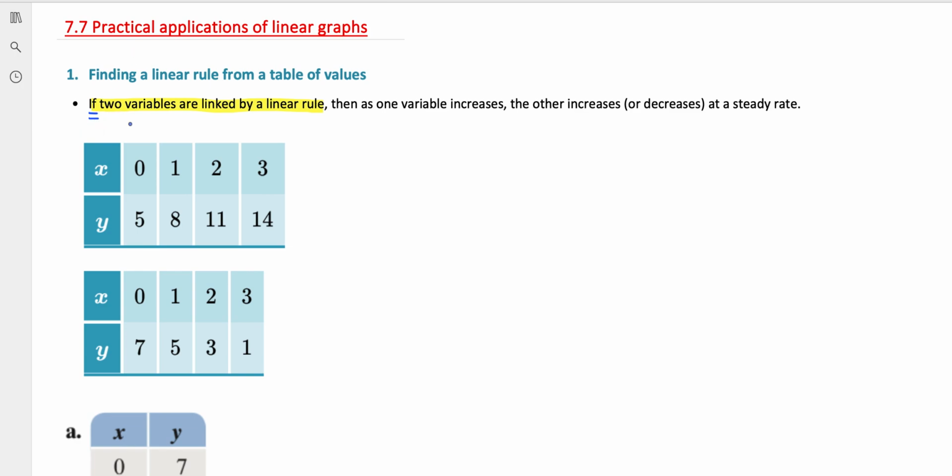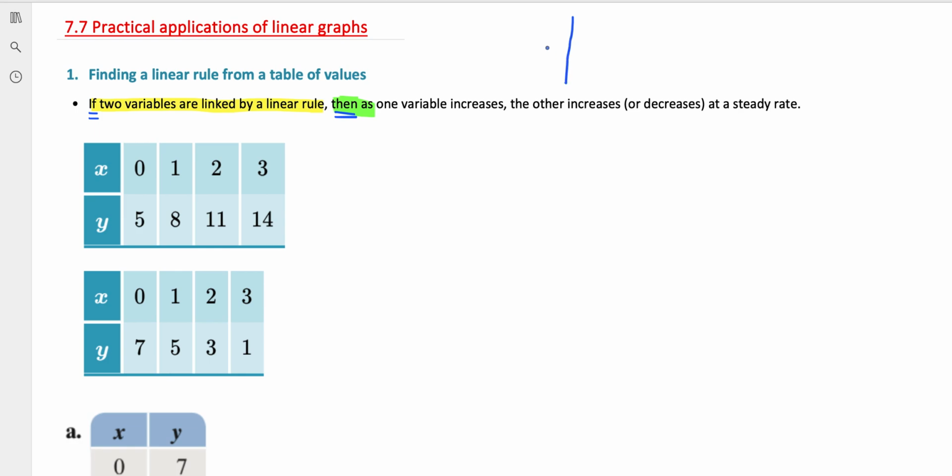But if they are, then, and I'm going to highlight this, as one variable increases, the other increases or decreases at a steady rate.